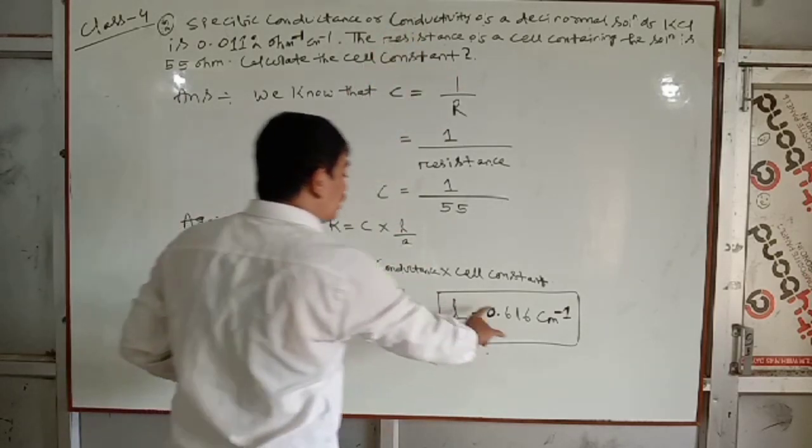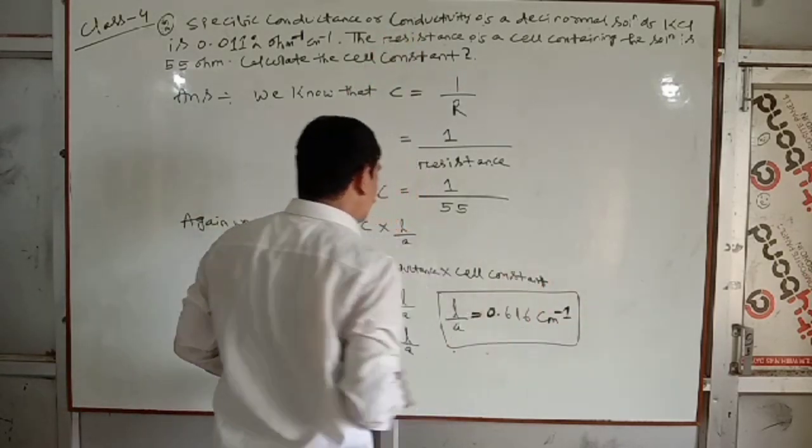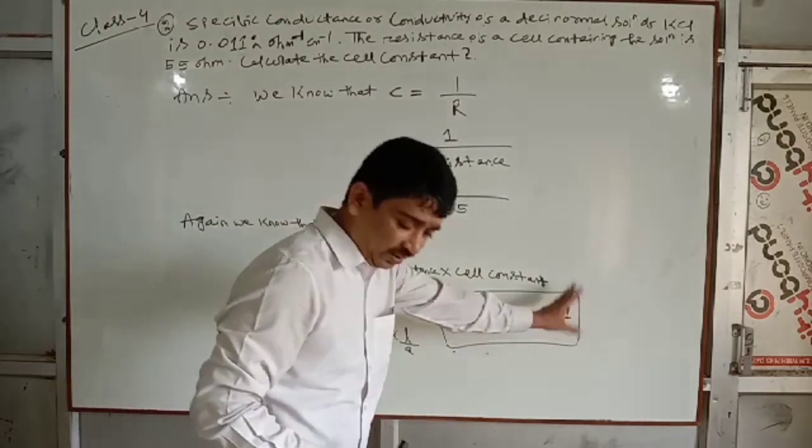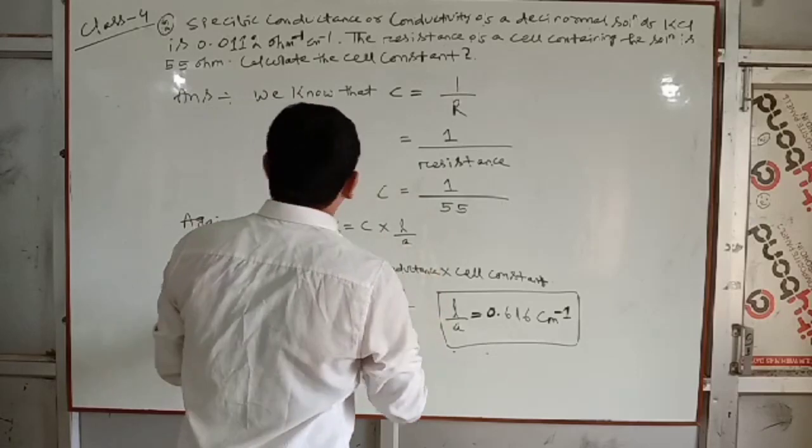So this is the cell constant, equal to 0.616 centimeter inverse. What is the unit of cell constant? Centimeter inverse or meter inverse? You have to write this unit. So this is the second question.